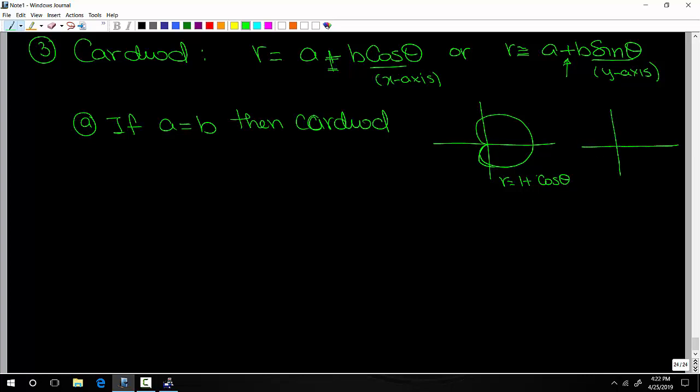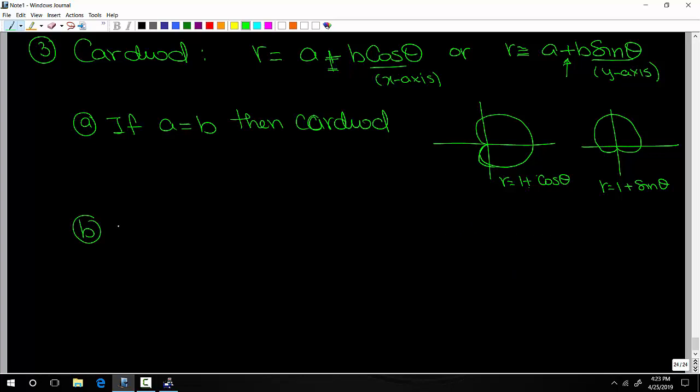On the other hand, if I had done this, this would be r is equal to 1 plus sine theta. Now it's along the y-axis. And if I had a negative in the middle, then the cardioid would go this way. So that's all that does.